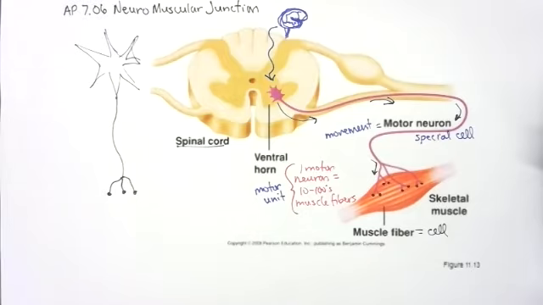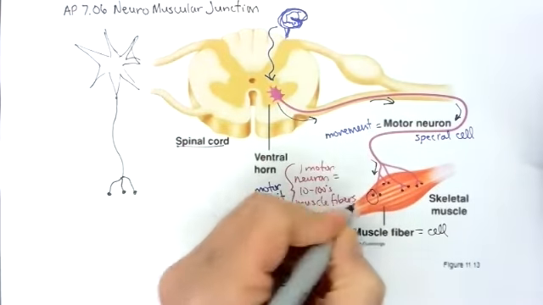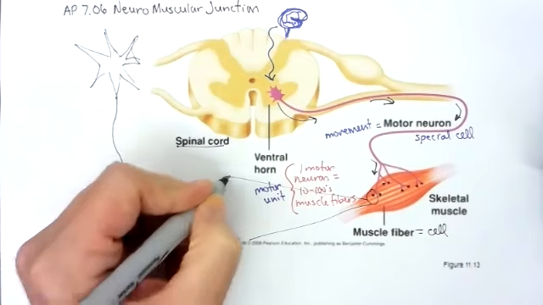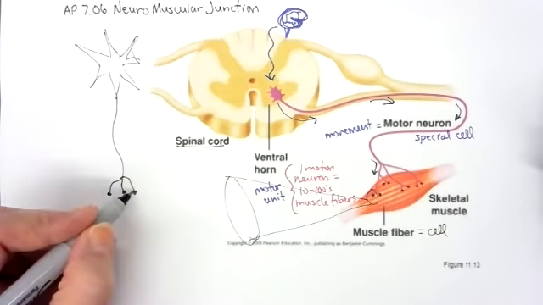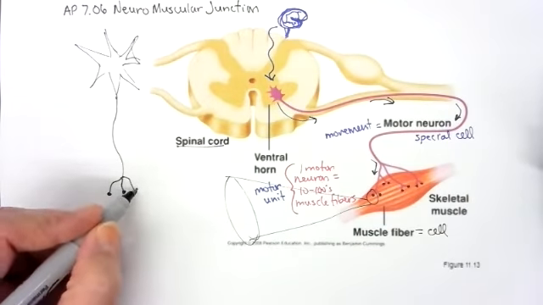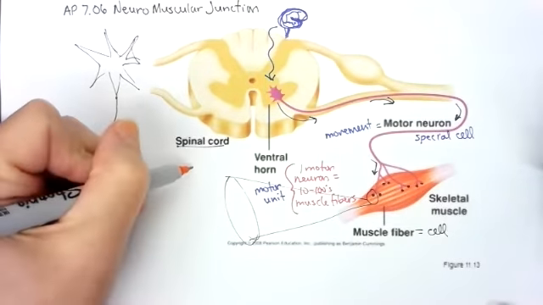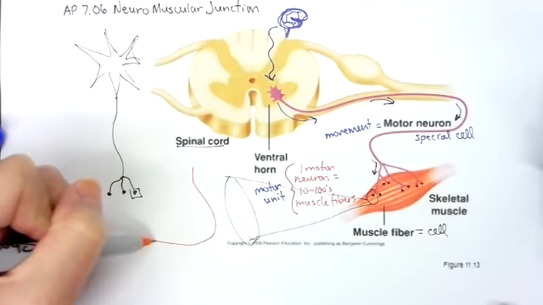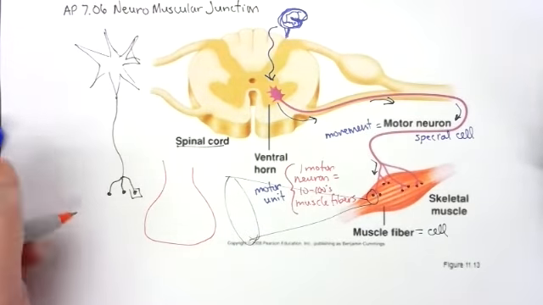Well, let's zoom in. I'm going to circle this, and let's do an expanded version over here. The end of a neuron has this kind of shape, and this is called the synaptic knob.